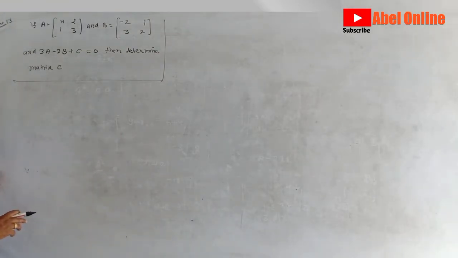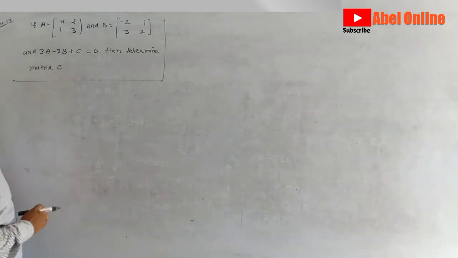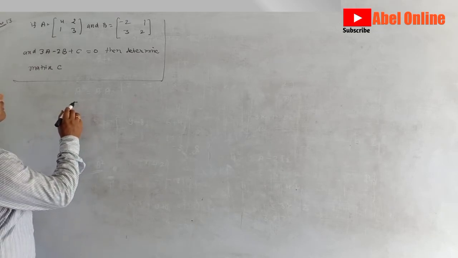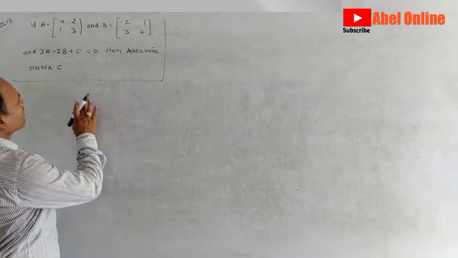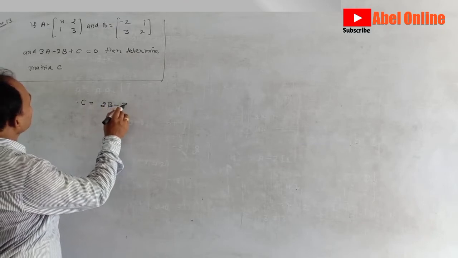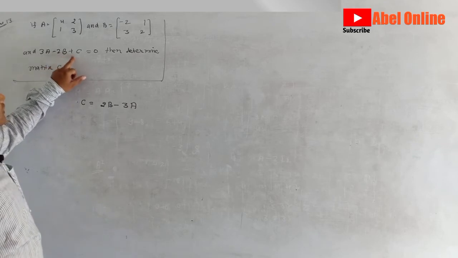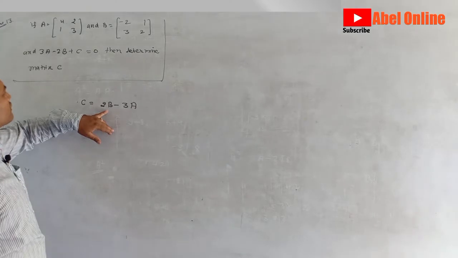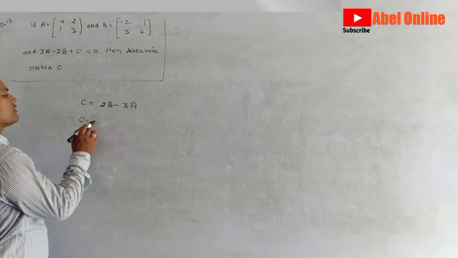This question is going to be very interesting because we have just put the value of A and B and we have to get the value of C. So when we find the value of C, it is minus C equals 2B minus 3A. So C equals 2B minus 3A, taking it to the other side, the sign changes.